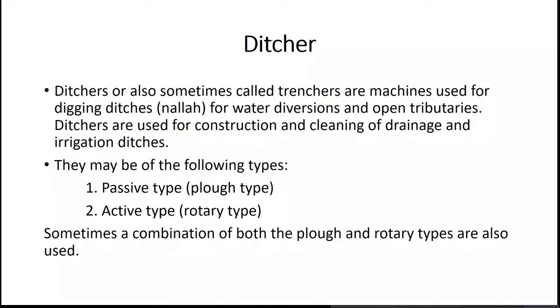Because of that rotation, cutting action takes place. Because of this moving part, because of this cutting, ditches are formed. So this type is called active type or rotary type, and the other one is passive type, the simple one, without any moving parts.